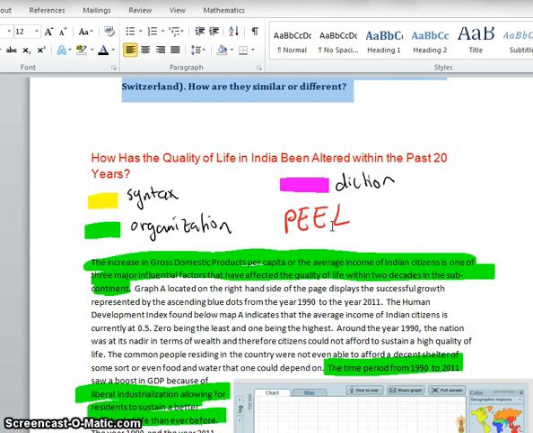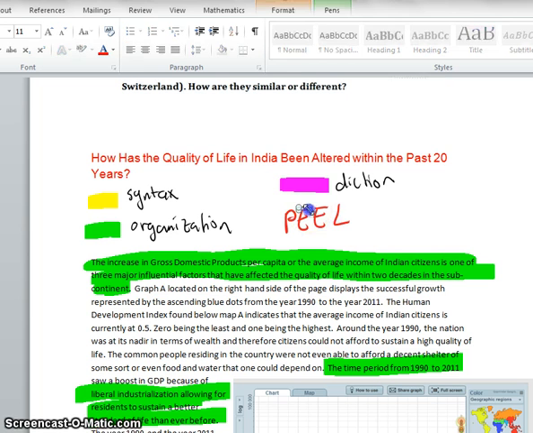And if you didn't know, P, which is point, stands for the introduction sentence. Then comes the evidence, which is this E right here. And this is concrete evidence which you pull out from a book, maybe some site, and which in this case was a Gapminder graph.